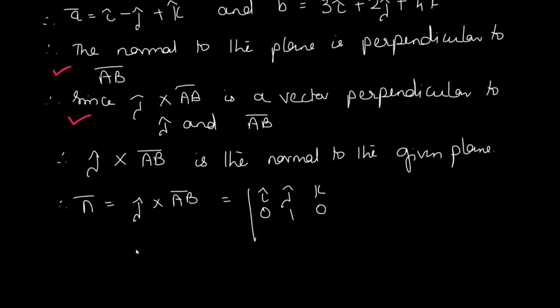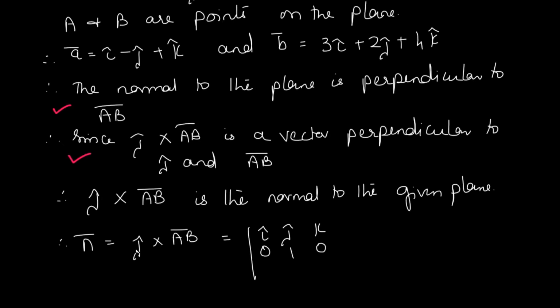Now what is AB bar? Let us find out AB bar, which is B bar minus A bar, given by 3 minus 1, that is 2i, 2 plus 1, that is 3j, and 4k minus k, that is 3k.